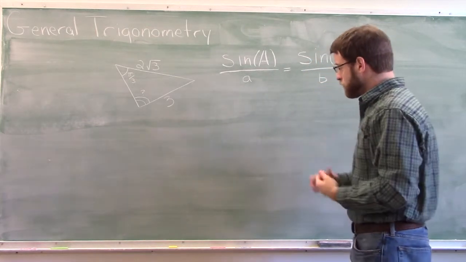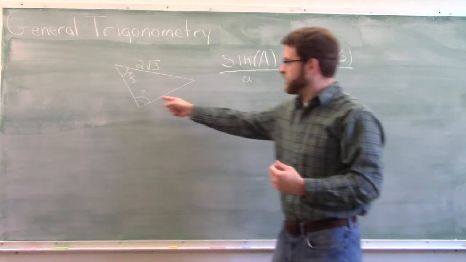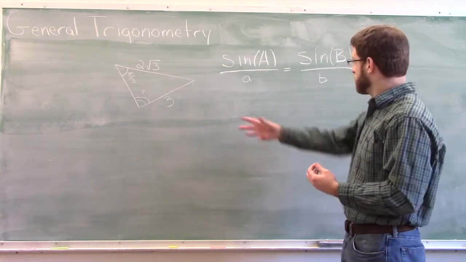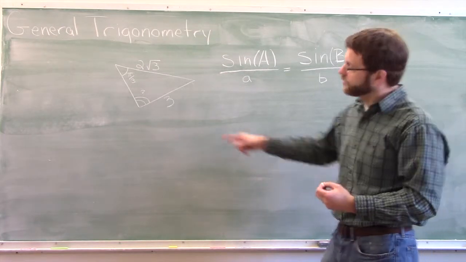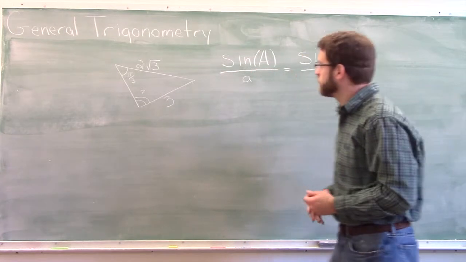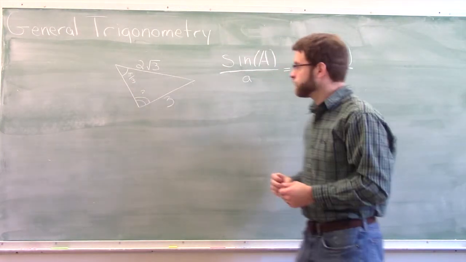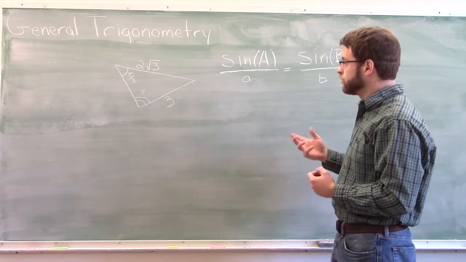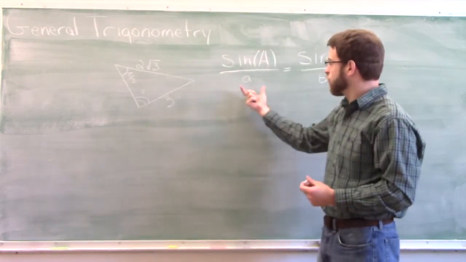So all we need to do to employ the law of sines to figure out the size of this angle is to plug the information that we know in the right way into this equation, and then solve to figure out what the value of this angle must be. I've chosen to measure the angles in radians here, so we'll follow that convention. We need to put an angle and its corresponding side on one side of the equation.